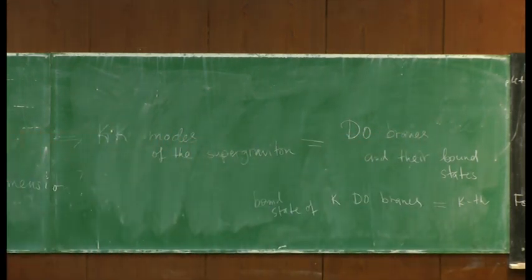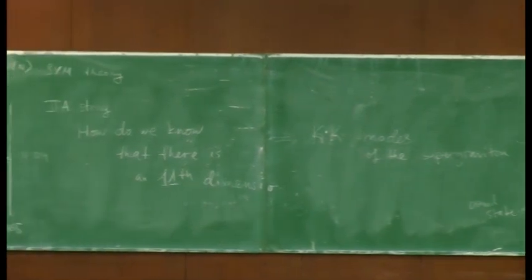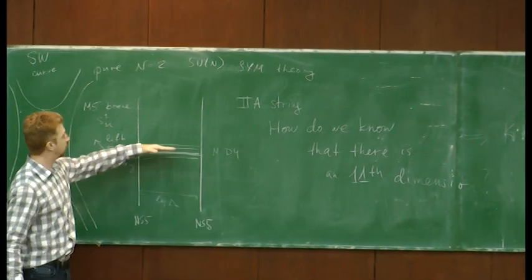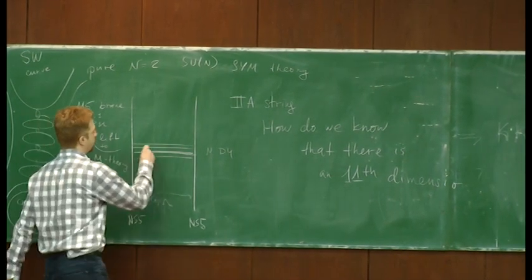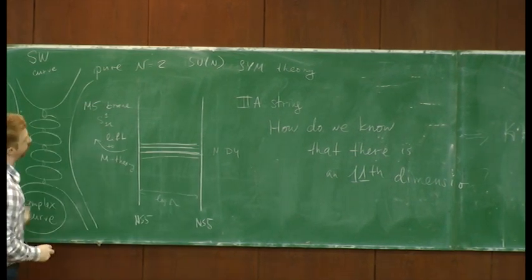Okay, so if we include the effects of these D0 branes in this picture, after resumming it somehow, we should be able to visualize that there is a circle which will change the one-dimensional geometry of these D4 branes into the two-dimensional geometry of this Riemann surface.